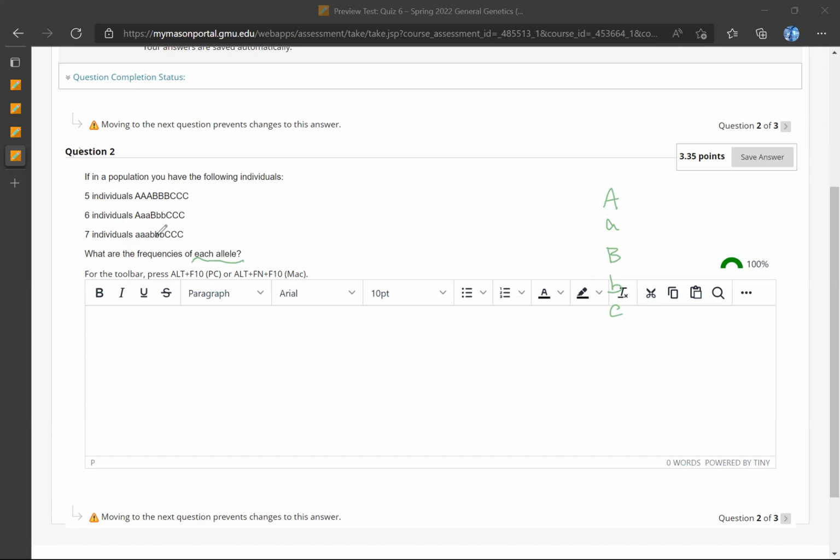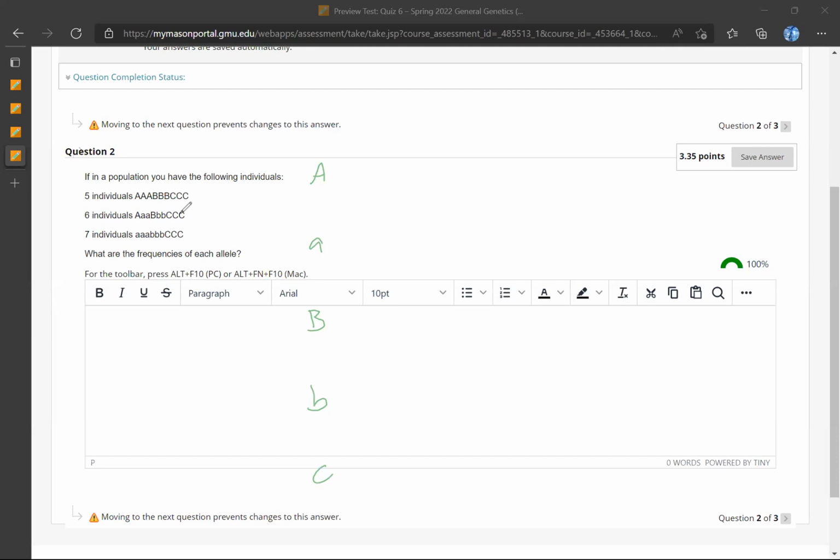And we can do that very easily. So we want to find the frequency of A, the frequency of a, of B. I'm going to spread these out actually. So we see that there's capital A and lowercase a, capital B and lowercase b, and only capital C. So those are all of the different kinds of alleles.